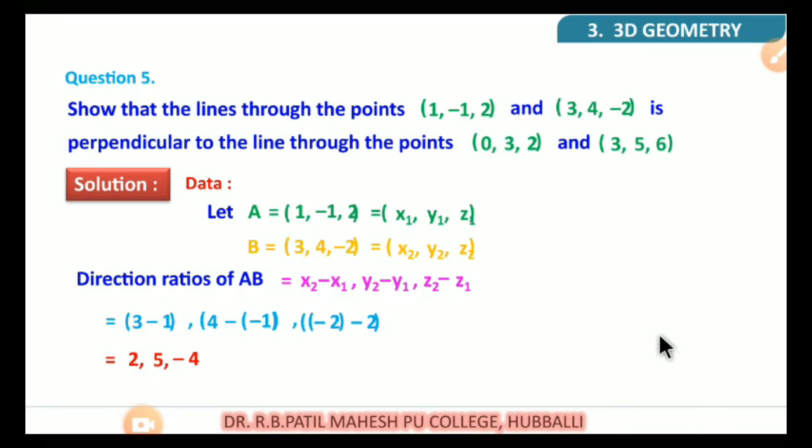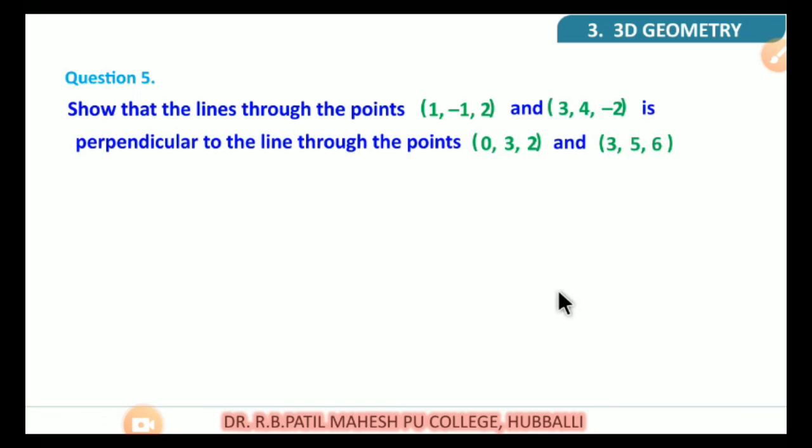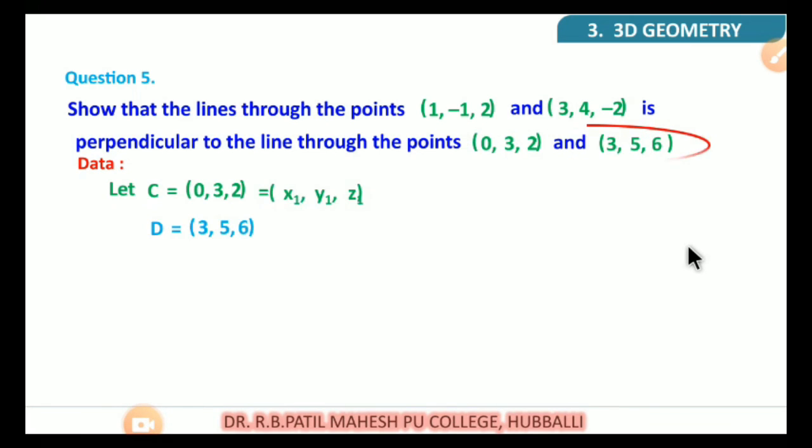Similarly, we can find out the direction ratios of the second line. That line passes through these 2 points. So consider the point C as (0, 3, 2) and the next point D with coordinates (3, 5, 6). Therefore this can be considered again as x1 y1 z1, x2 y2 z2.